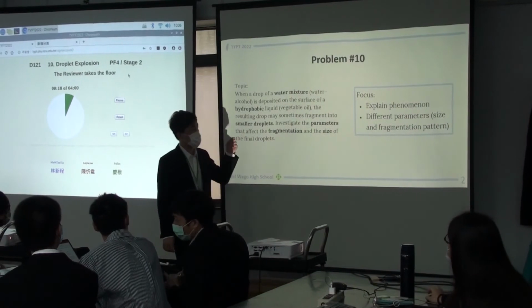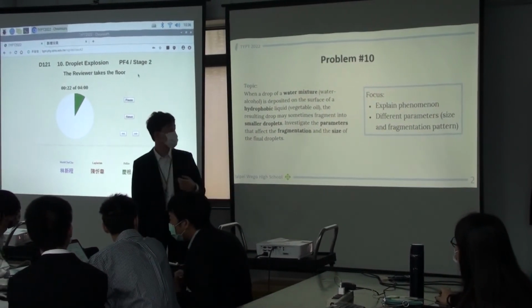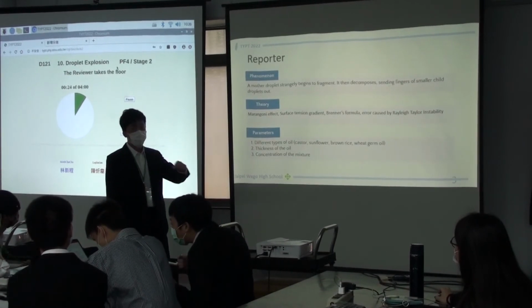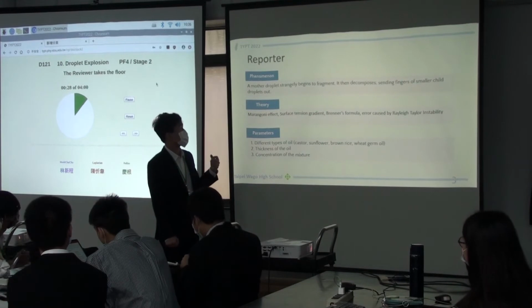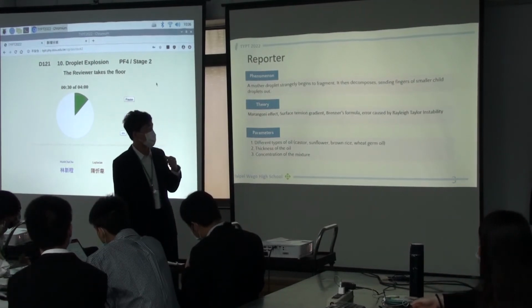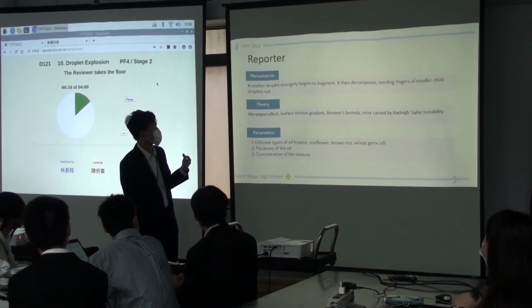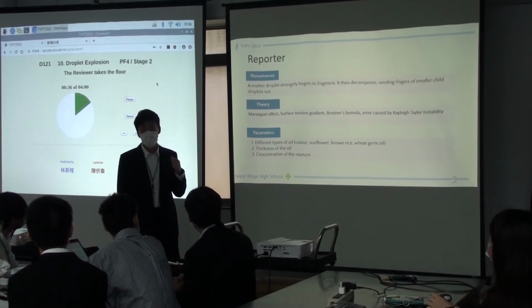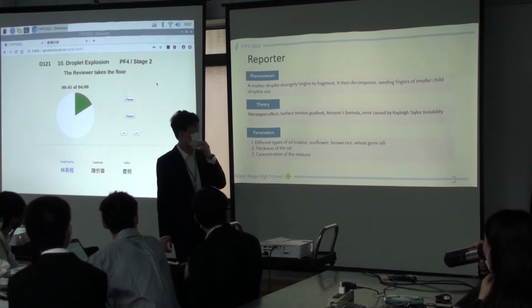So this is the public statement, and the focus is to explain the phenomenon and test out different parameters. So we first summarize what the reporter said in the report. The phenomenon is that a droplet strangely begins to fragment and then decomposes, sending fingers of smaller droplets out. And the theory they mentioned is the Marangoni effect and surface tension gradient difference.